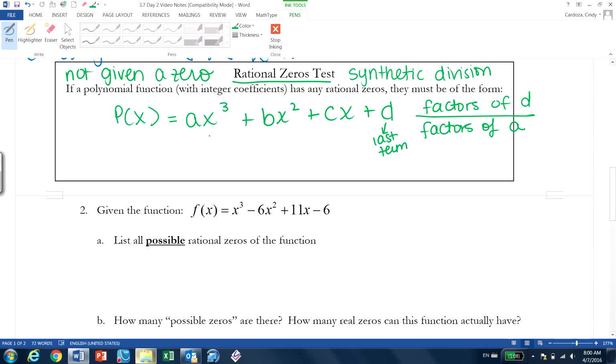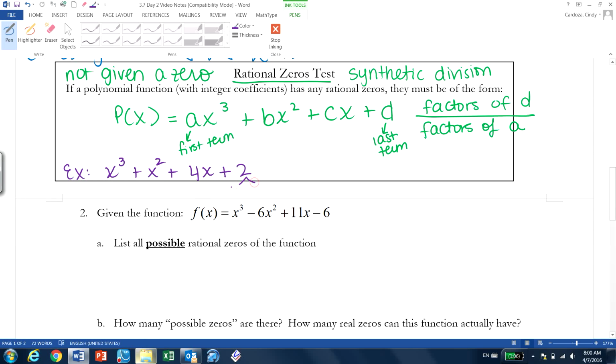Now, factors are numbers that when you multiply together give you that number. So for example here, I'm going to say x cubed plus x squared, plus 4x plus 2, okay? So I'm going to list all the factors of 2.